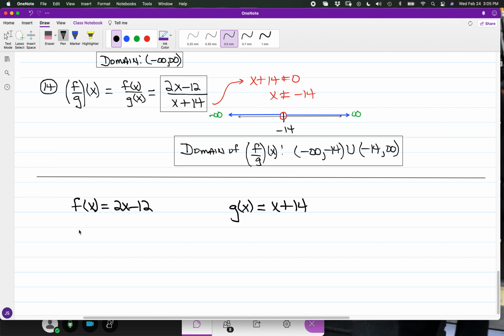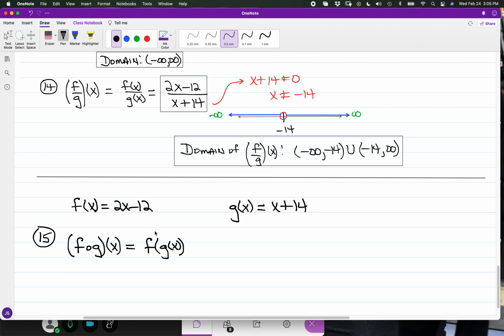And now for 15, if we're looking for the composition where we have f composed with g of x, in the compact functional notation, we have f of g of x.